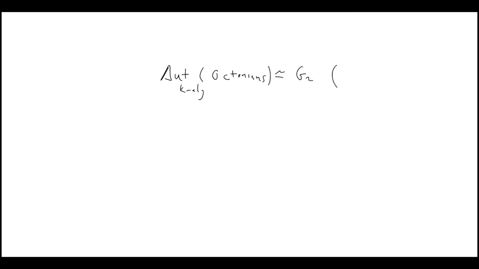All right, so here I'm following the presentation in Springer-Veldkamp. Okay. So at this point, I'm going to assume that K is algebraically closed just for simplicity. One can describe rational structures, but I don't want to do that.